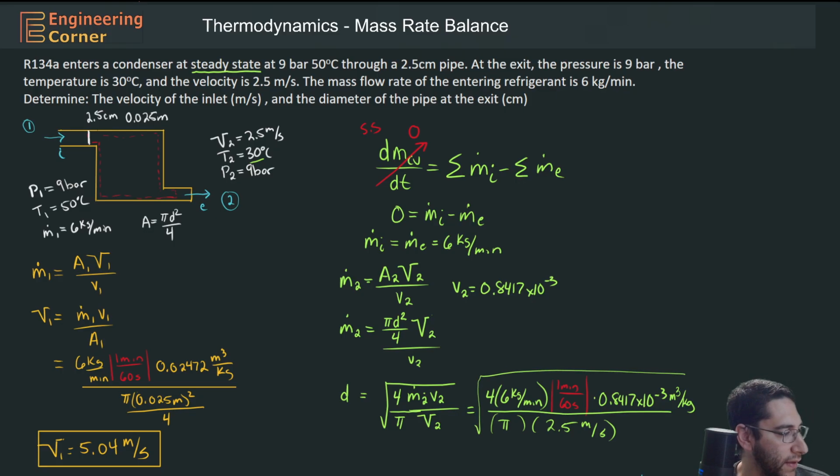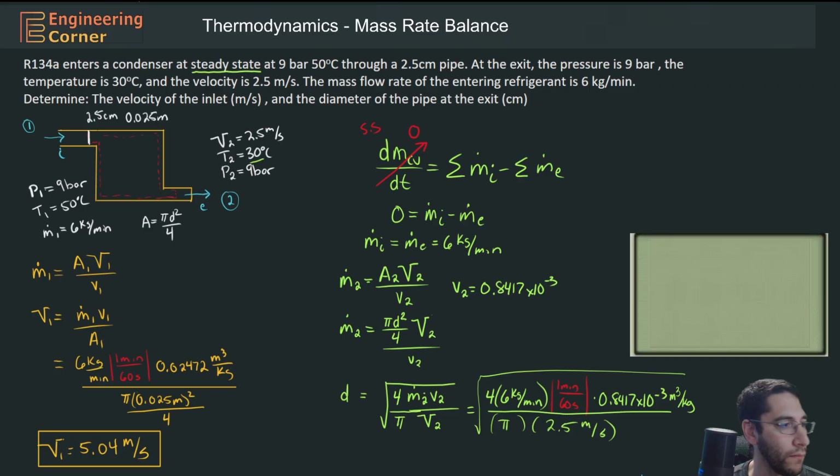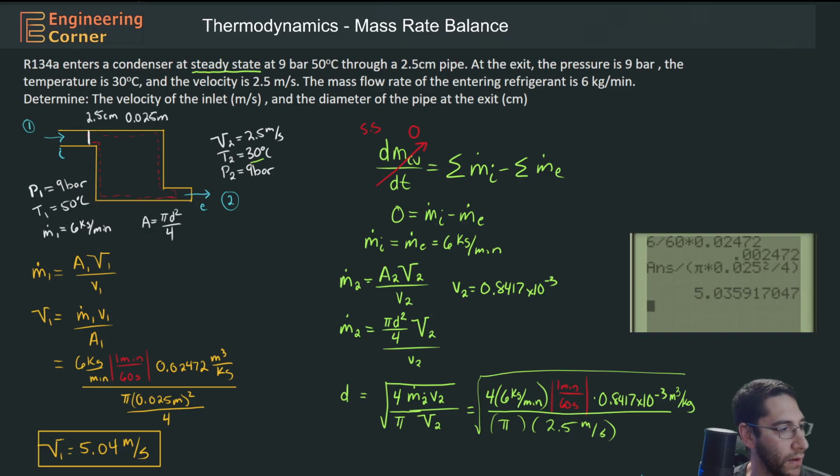Let's put that in the calculator. All right, 4 times 6 divided by 60 times 0.8417 e to the minus 3 divided by pi times 2.5.